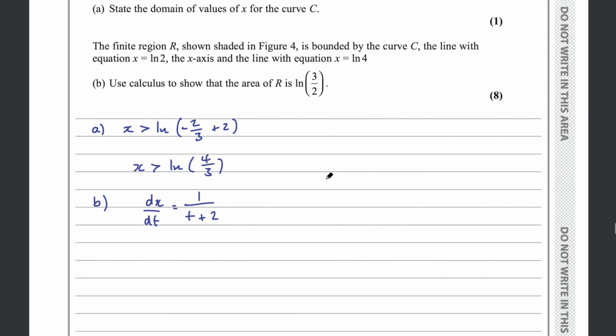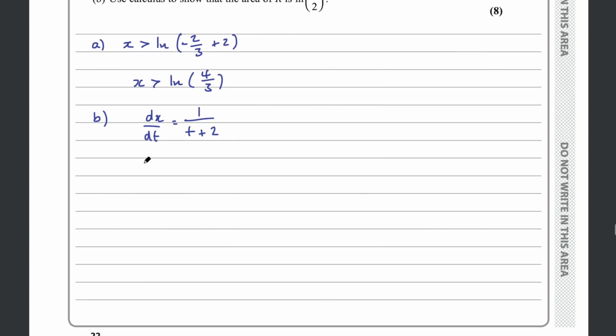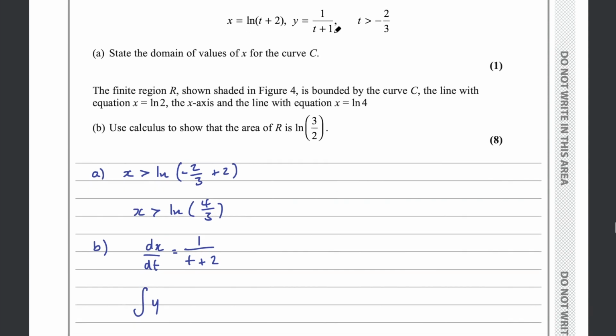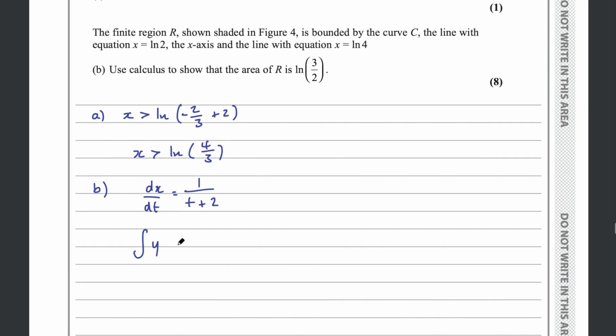And then we can say, well, if we're looking for the integral of y with respect to x, but we have this equation, 1 on t plus 1, this would be in relation to dt. But if we insert a dx on dt here, that would cancel with this dt, and then we'd end up with the integral of y with respect to x.